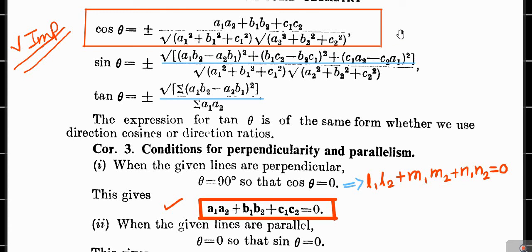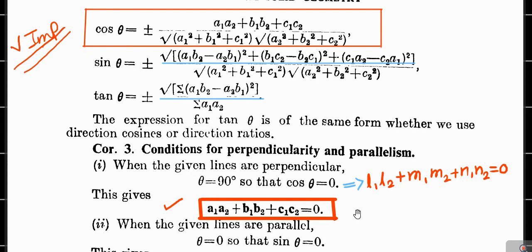This formula is to be used when instead of direction cosines, direction ratios of the two lines are given. And accordingly, the formulas for finding the sine and tangent of the angle between two lines are also obtained.